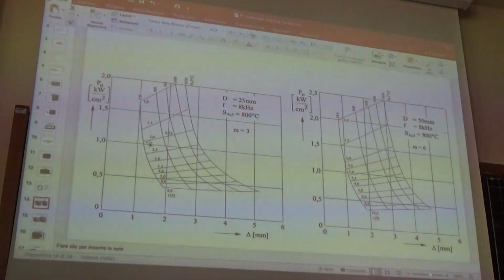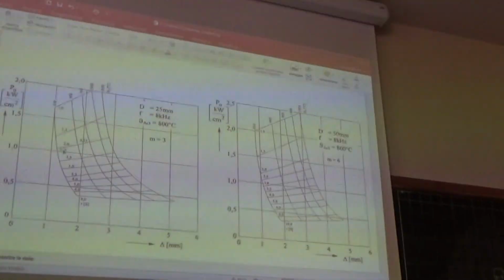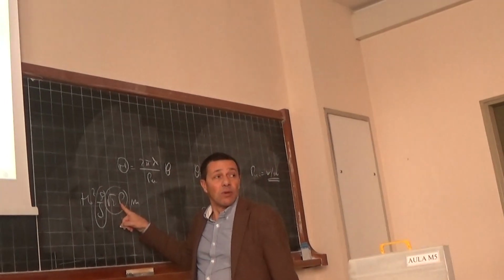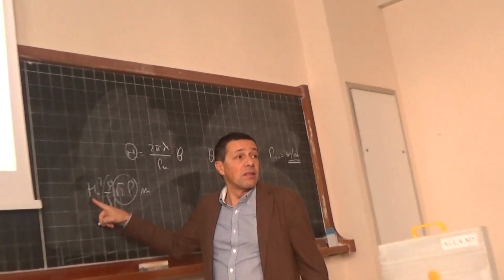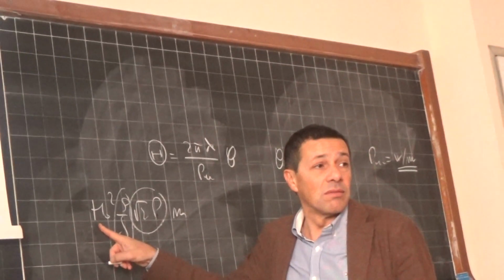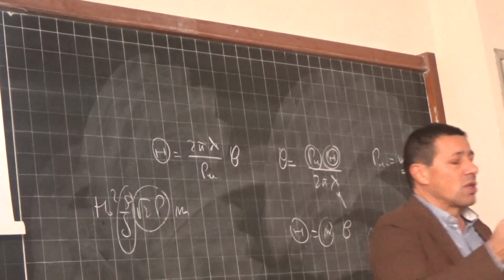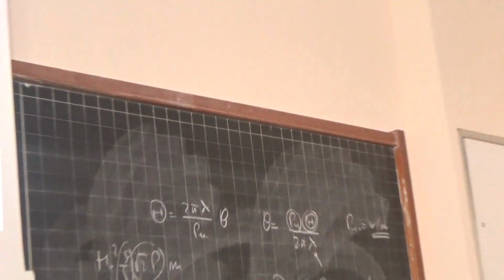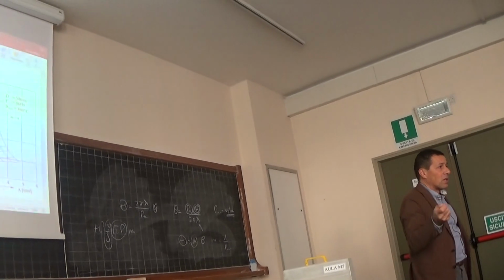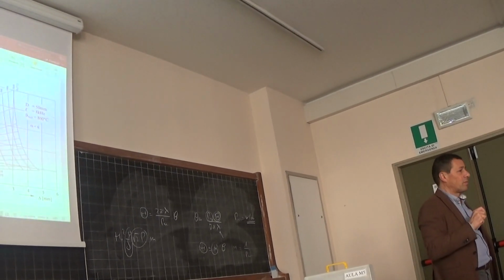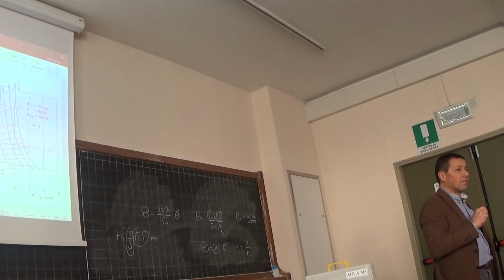Because if you choose a P0 equal to 1, maybe you know the characteristics of your material because you have fixed the frequency, you know what is M, and then you are able to calculate B, and then you calculate the H0. H0 means currents, and means number of turns. Okay?